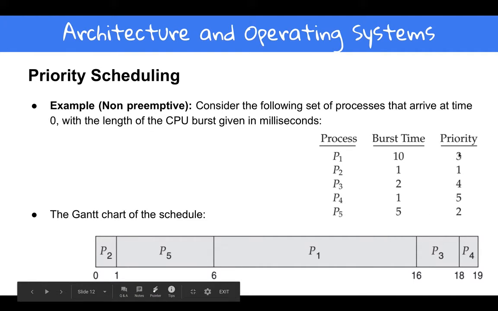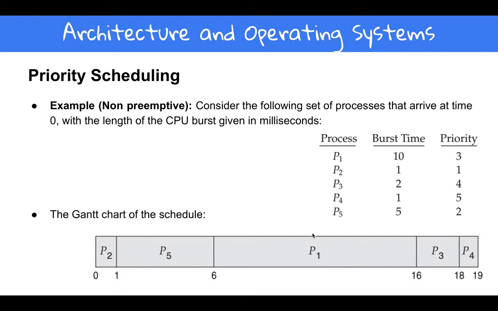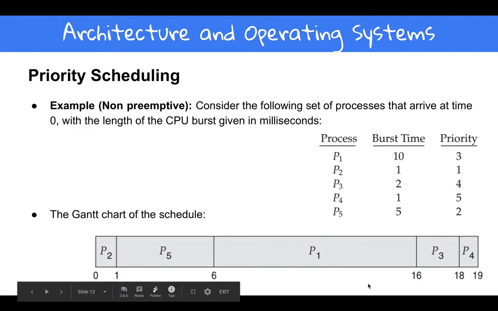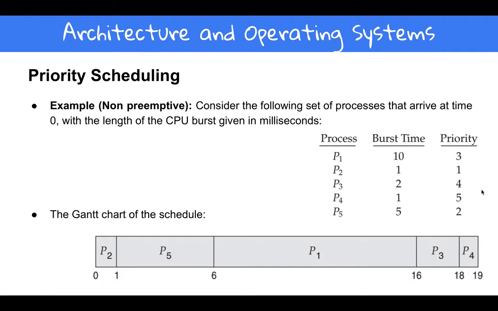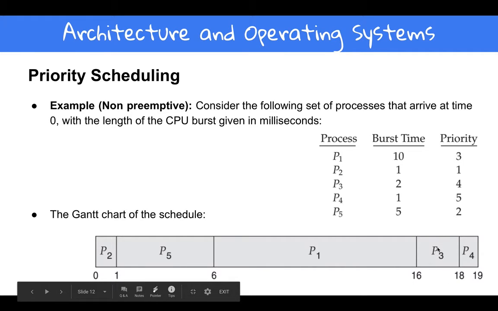Next one, we have 3, 4, 5. 3 has got the highest priority. P1, burst time 10. There you go. P1, 10 milliseconds from 6 till 16. That's it. Next one, 4 and 5. We've got to go for 4 because it's got the highest priority. The burst time is 2, from 16 till 18, P3.